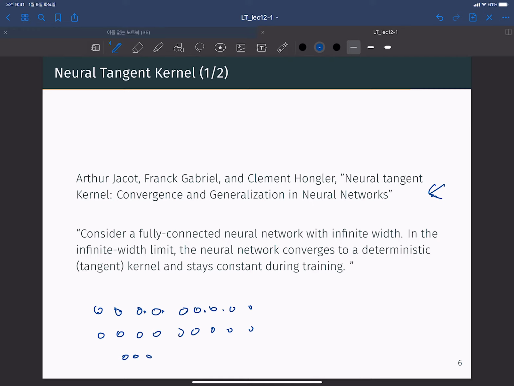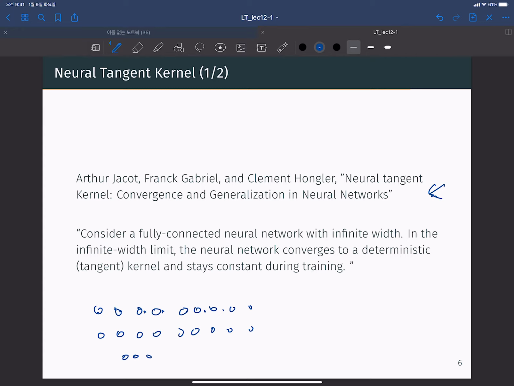So when we make infinitely many neurons per each layer, in the infinite width limit, the neural network converges to a deterministic kernel and stays constant during training.